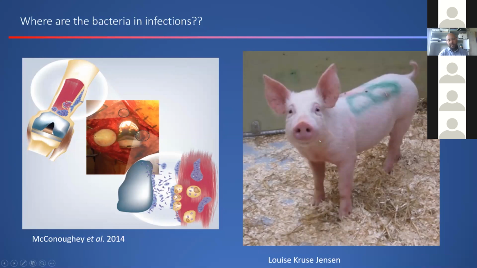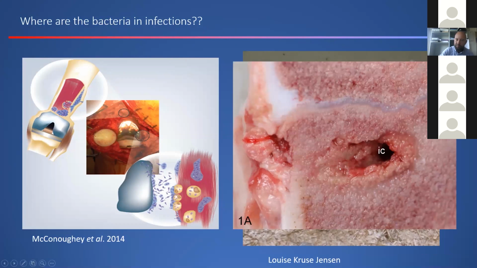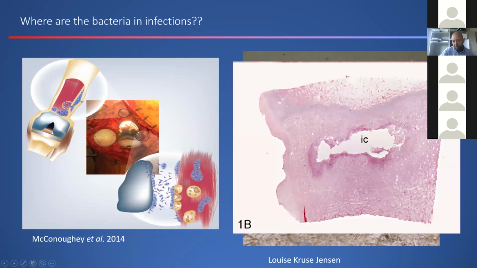So Louise Kruse Jensen, she has this animal model, a pig model of implant-related osteomyelitis. And they make a drill hole into the tibia of the pigs and insert a stainless steel implant in this implant cavity.